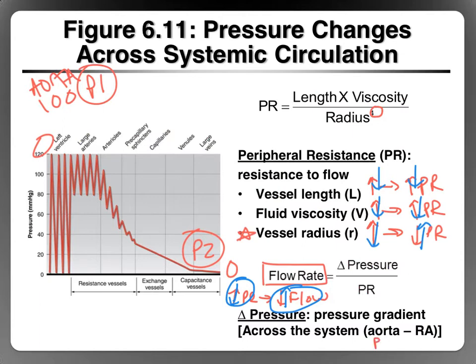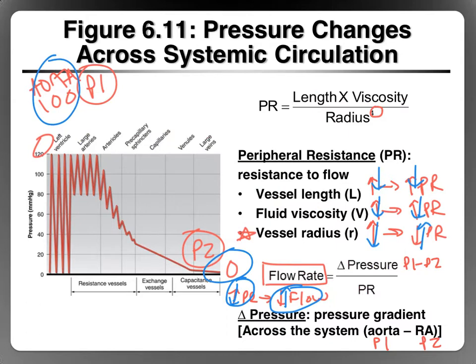So P1 is the pressure in the aorta, P2 is the right atrium. So delta pressure is P1 minus P2, or the pressure in the aorta minus the pressure in the right atrium. As I told you, the pressure in the aorta at rest is about 100, and in the right atrium, it's about 0. So delta pressure at rest is about 100.